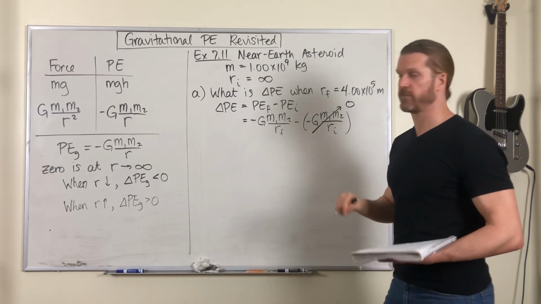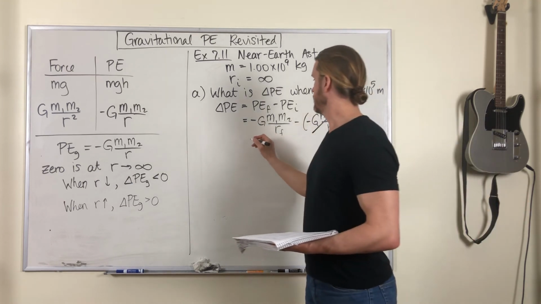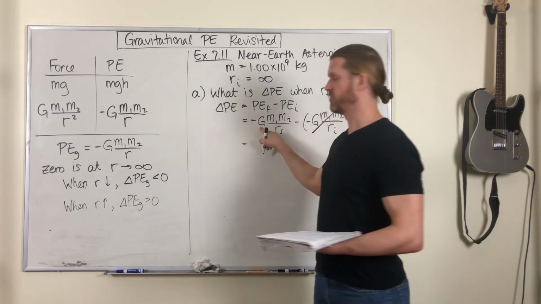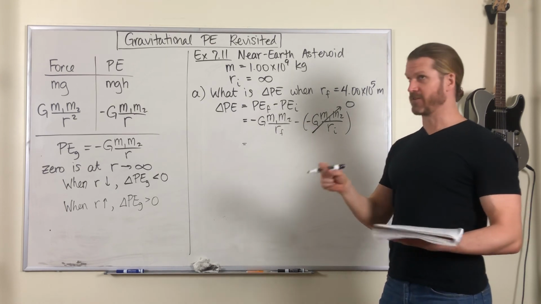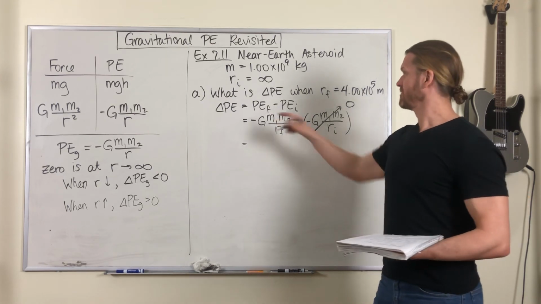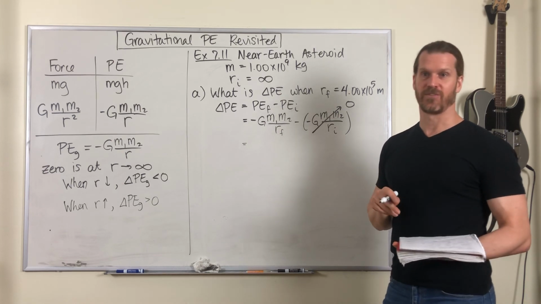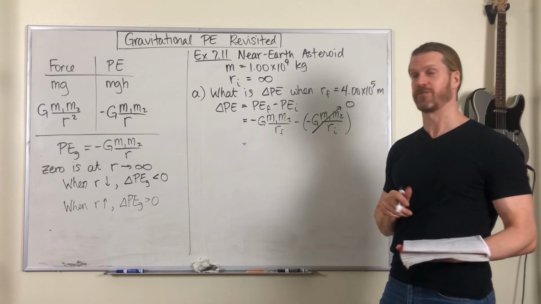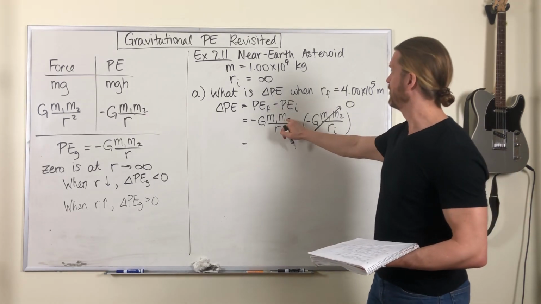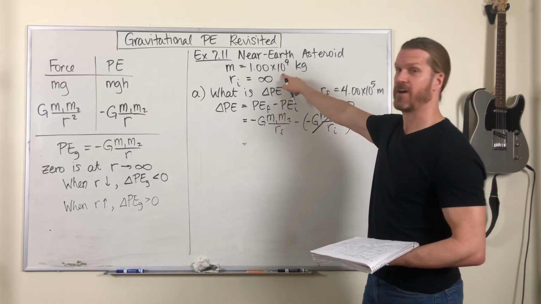So we just have this expression, and plug in the values. Remember, G is 6.67 times 10 to the minus 11 newtons meters squared per kilogram squared. M1 is the mass of planet Earth, 5.972 times 10 to the 24 kilograms. M2 is this value.